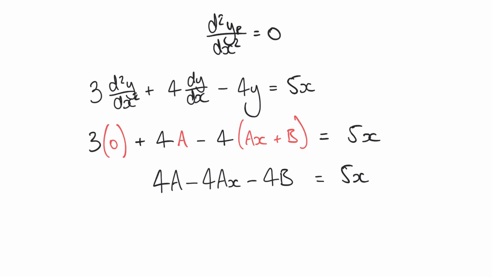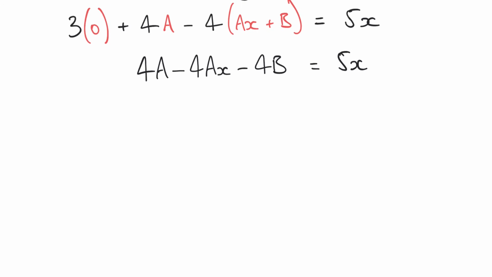So at this stage we have an equation in terms of A, B and x, but it's still not quite apparent what A and B are equal to. But what we can do is equate coefficients in order to find the values for A and B. Let's explain what we mean by that. When we examine this equation above, we see that on the left-hand side of the equation, there's only one x term. It's this minus 4Ax here.